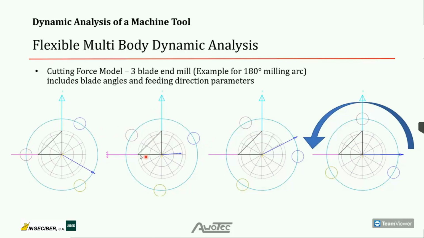And at the end of the cutting arc, remember the cutting arc is 180 degrees, blade number 1 leaves the cutting situation, so there is no cutting force acting anymore, and the only force that is acting acts on this second blade, and therefore the vector is pointing downwards.